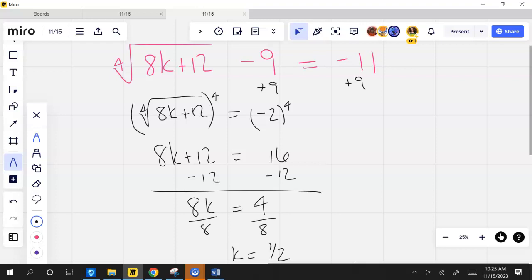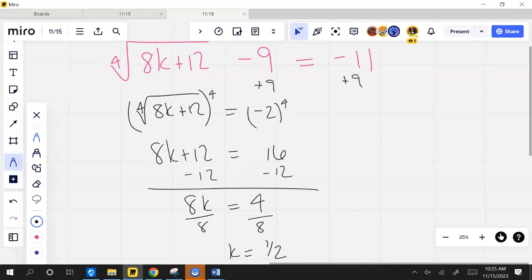That doesn't work? So yeah, you just plug it back in.